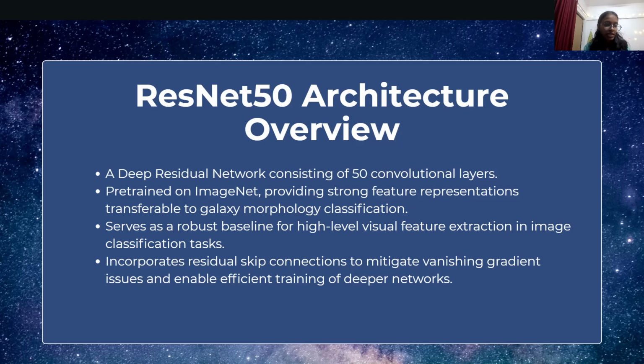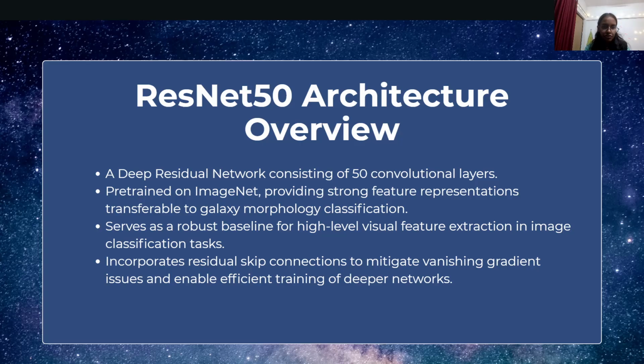ResNet50 is a deep residual neural network that consists of 50 convolutional layers. It's one of the most widely used architectures in computer vision, because of its strong ability to extract hierarchical visual features from images.